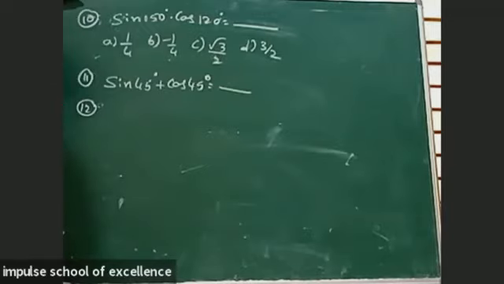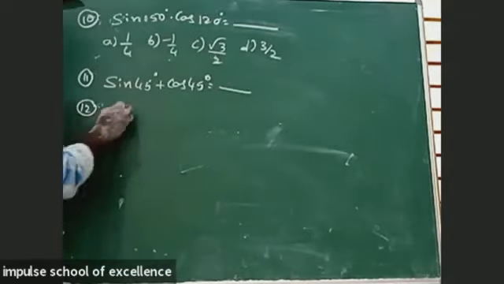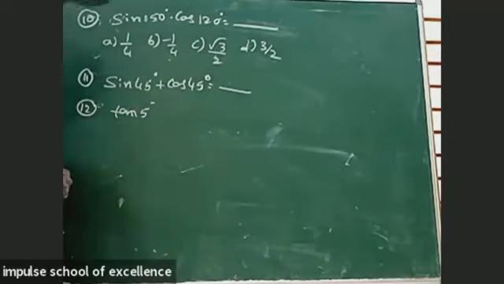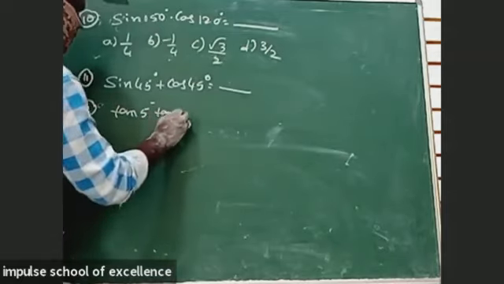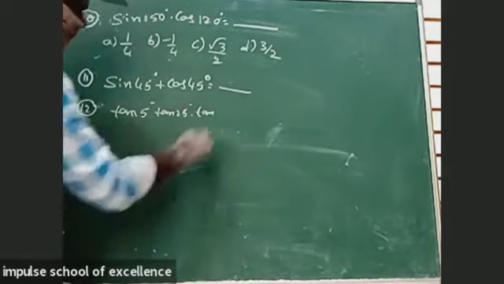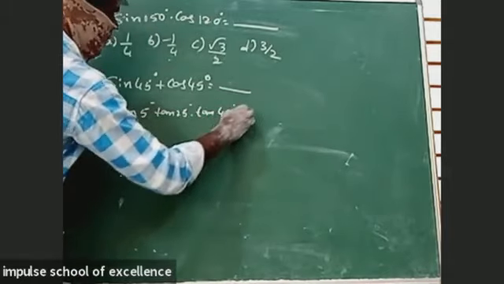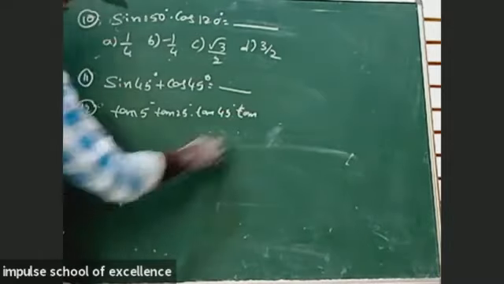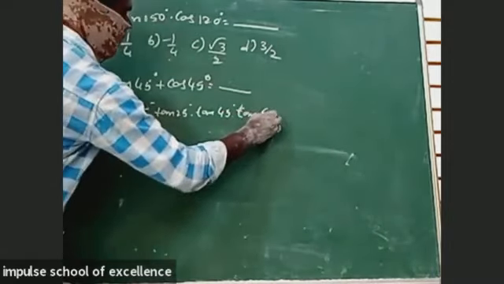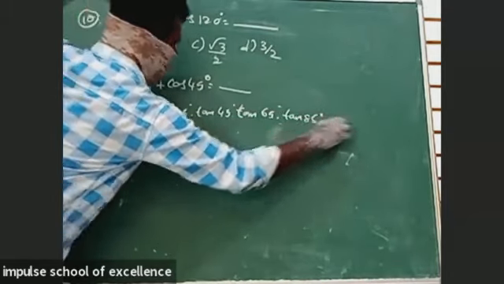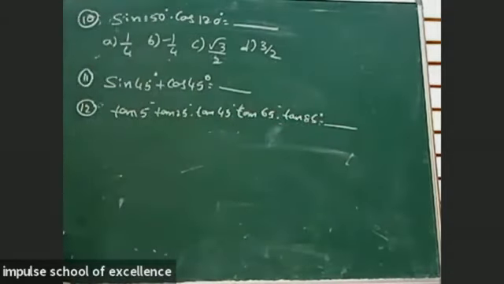The value of tan 5 degrees into tan 25 degrees into tan 45 degrees into tan 65 degrees into tan 85 degrees is equal to dash.